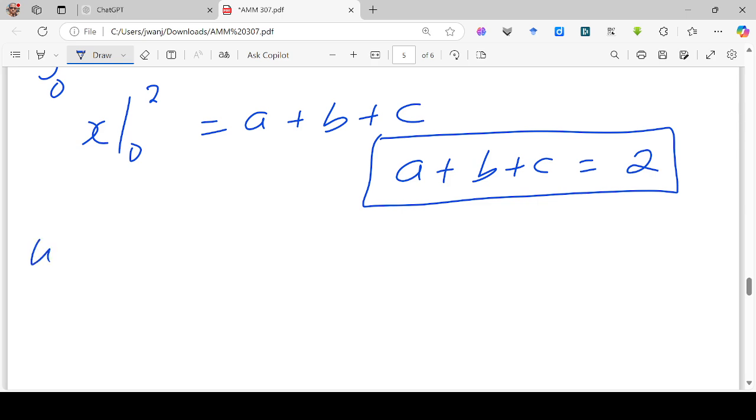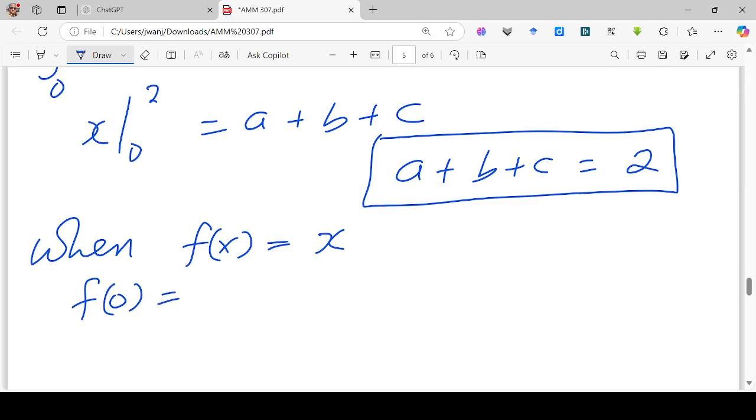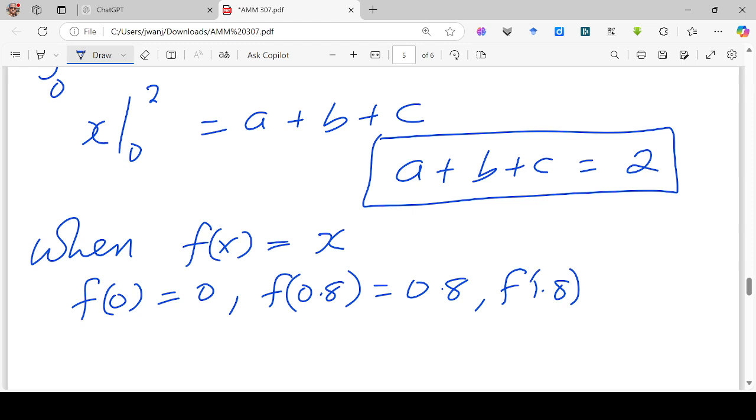Now consider a second case, when f of x is equal to x. Then f of 0 will be 0, f of 0.8 will be 0.8, and f of 1.8 will be 1.8, because this is an identity function.